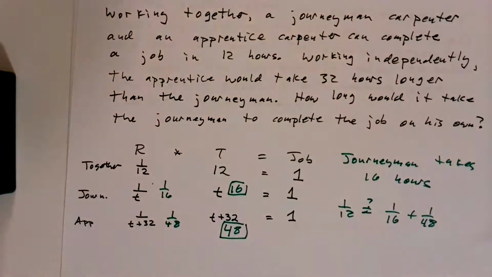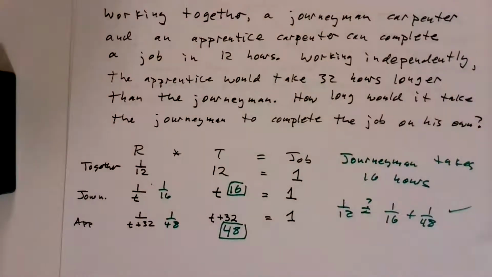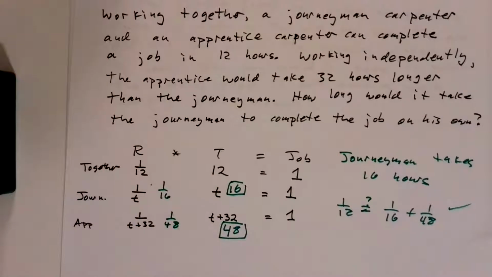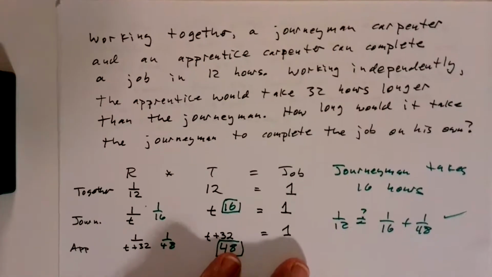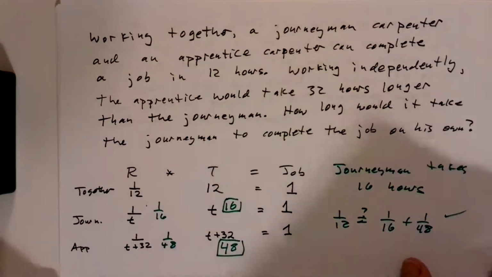So I'll check that on my calculator. 1/16 plus 1/48, and we get 1/12. It sure does. So that makes me feel pretty good that we've done that correctly. So indeed, the journeyman will take 16 hours, the apprentice 48 hours. Working together, they'll get it done in 12 hours.